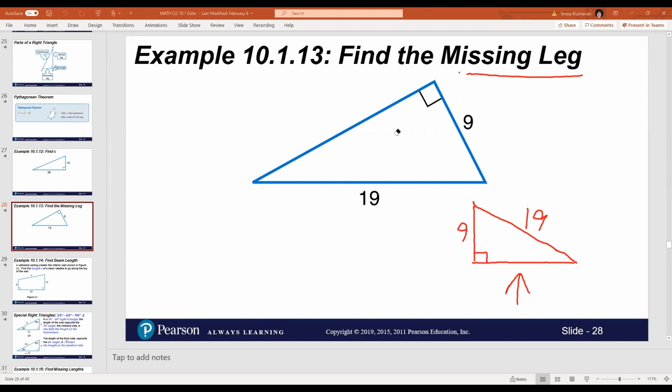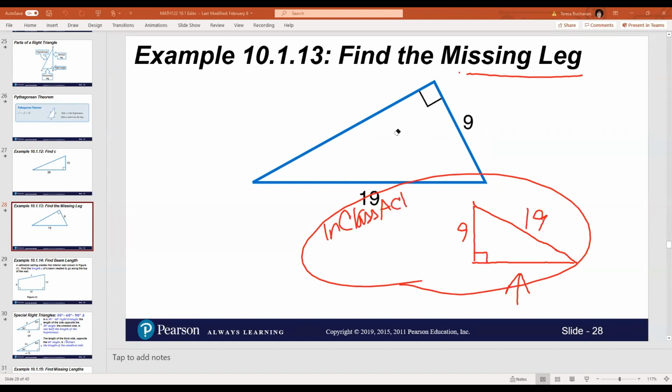So I will leave you to make your way through that, answer that question, show the work, and make sure that you have indicated on your page that this is in-class activity, day 12, number 2. Make sure you mark that and label it.